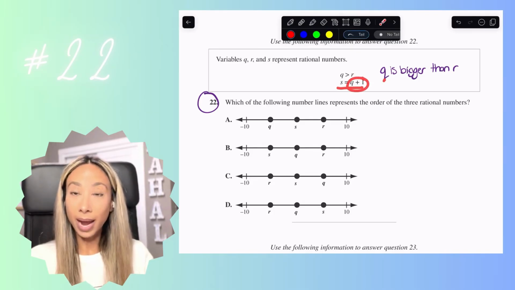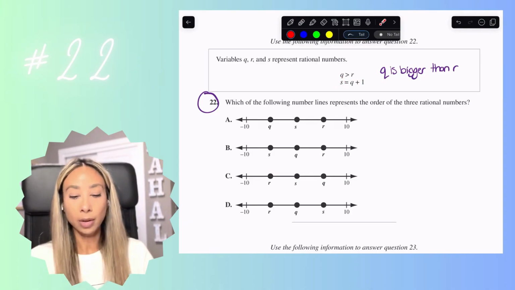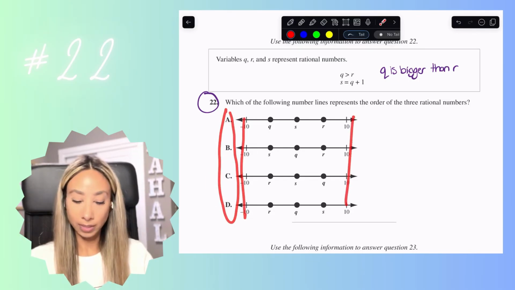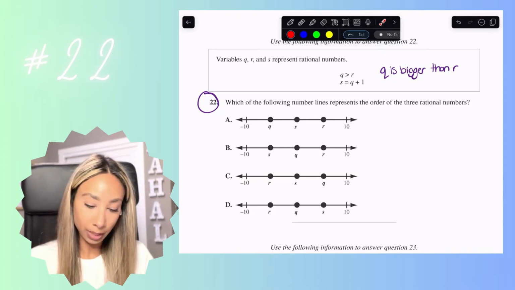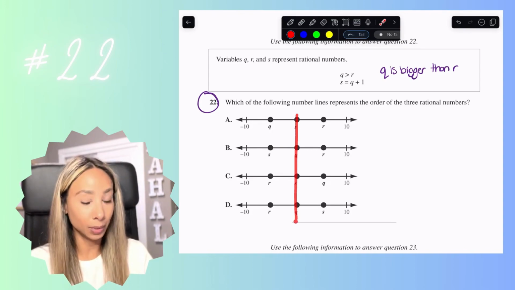So whatever Q is, if I add 1, I'm going to make sure that that's going to equal S. Okay, so one thing that I'm looking at is when it comes to these number lines, they gave me -10 and +10. So I'm going to take a little bit of a leap of faith here and I'm going to say, well, okay, if this number is in the center of that number line, it probably has to be 0.